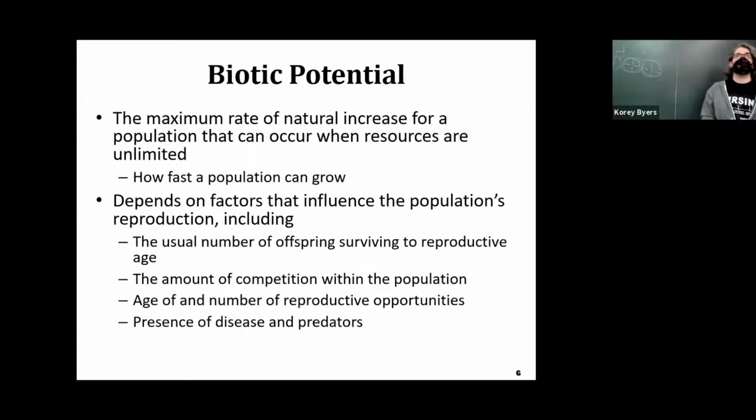So if everything else was golden, if everything else was as good as it could get for this species, how well can they reproduce? How well can they spread? How well can they thrive? That's the biotic potential. Now, because every environment out there is full of limiting factors and competition and all kinds of stuff happening, most species never reach their biotic potential. But knowing that number, knowing how fast a species can reproduce and how well they can thrive, helps you understand if a population isn't doing as well.